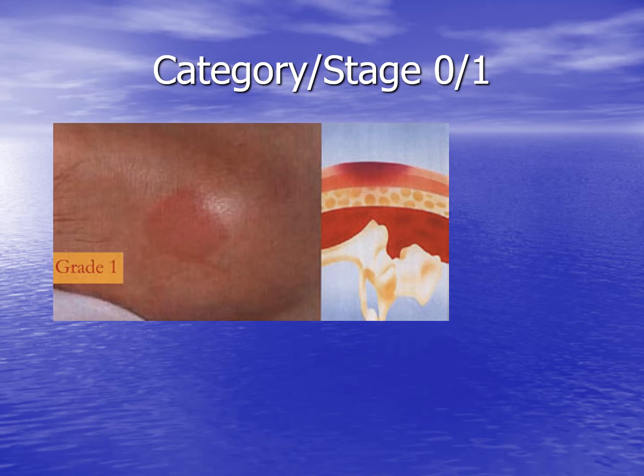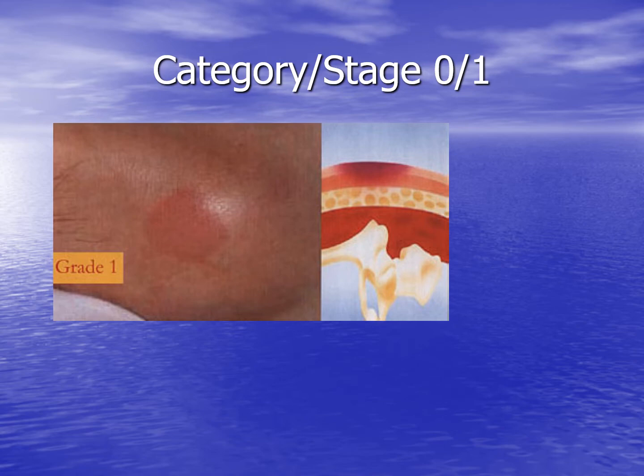They lie or sit on this area, and that pressure reduces the blood supply to that area of the skin. Obviously if it's not getting the nutrition and the oxygen, then you're going to get some death of the tissue there. So that's how the actual damage is caused.